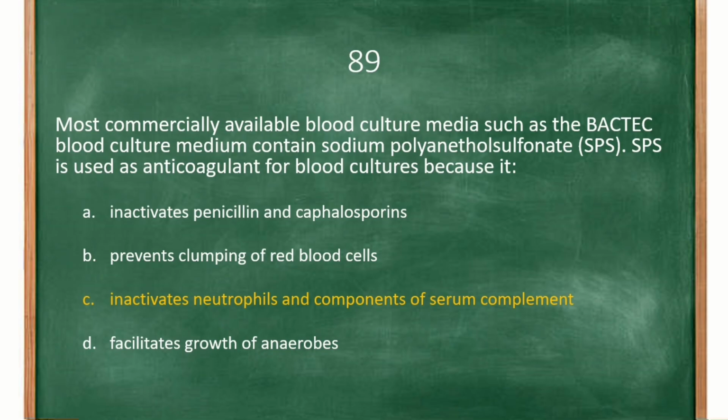It only serves as an anticoagulant. Then if you look at option D, facilitate growth of anaerobes, SPS does not specifically facilitate growth of anaerobes. Its primary role is related to anticoagulation and inactivating certain immune responses. So that's about that. The correct answer here is C.